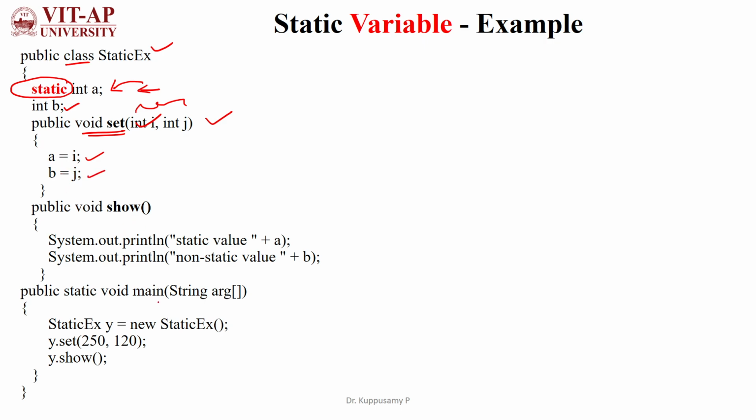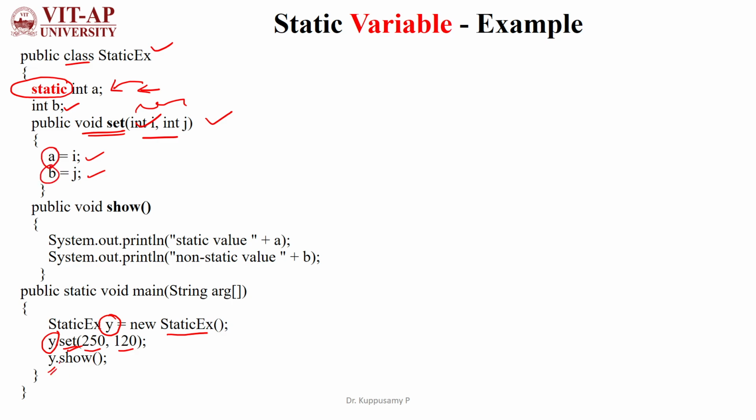Then we call that method set by using the object variable y, which is defined with respect to static ex and which carries two values for those variables. So y is the object variable calling the method set, which simply assigns those values to variables a and b.